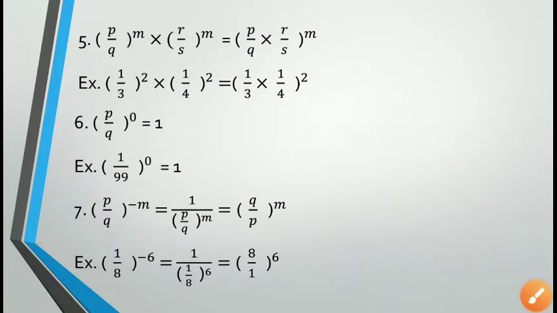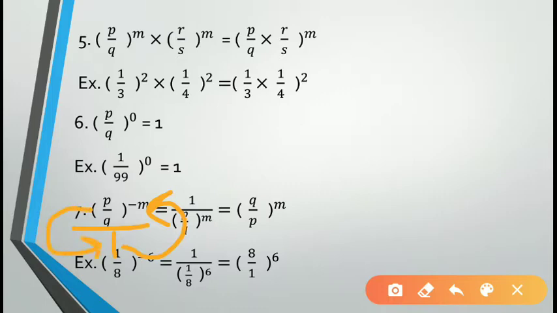If this p/q moves into the denominator, this minus m will convert into plus m. So we write this 1 in the numerator and this p/q in the denominator, and this minus m will convert into plus m. Means we are just converting the numerator into denominator and denominator into numerator.